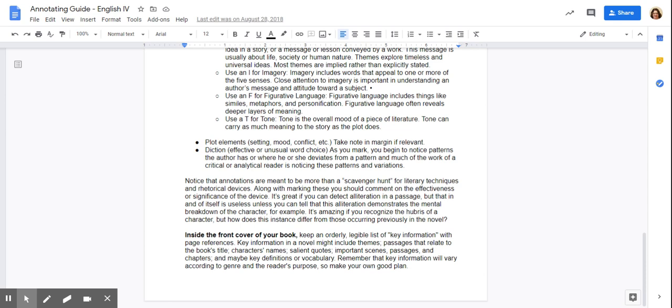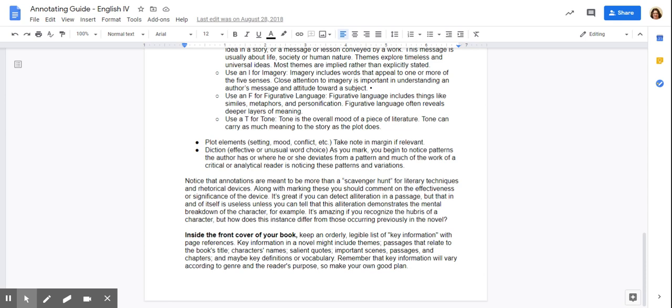Okay? That's the whole point of doing this. Because you're gonna go back later and try to use this information to write your paper. So, like I said, it's much more important that you understand your notes than it is that I understand your notes. I just want to see that you're making the notes.